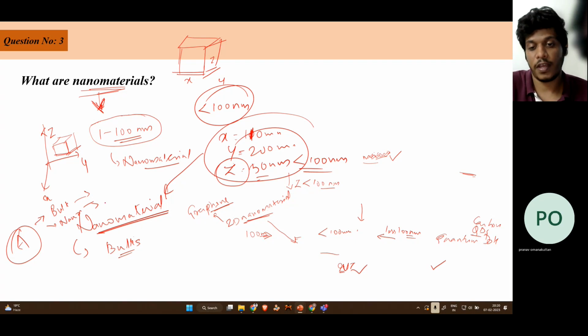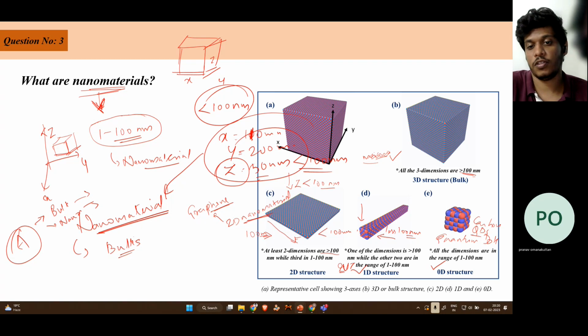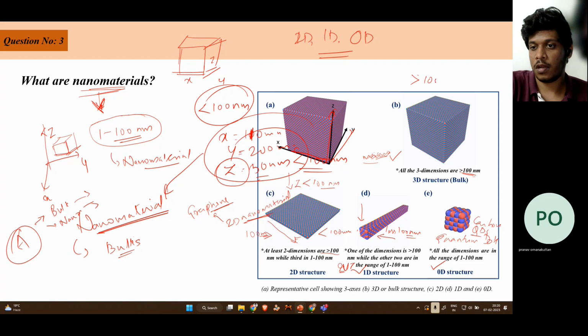So basically, we can show pictorially that there are 3 types of nanomaterial: 2D, 1D, and 0D. If you have a material, say from this figure, we can say this is X, this is Y, and this is Z. If all three dimensions are greater than 100 nanometers, then this is a bulk material.